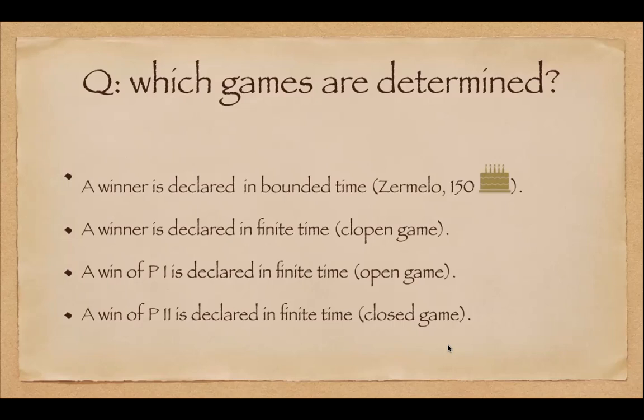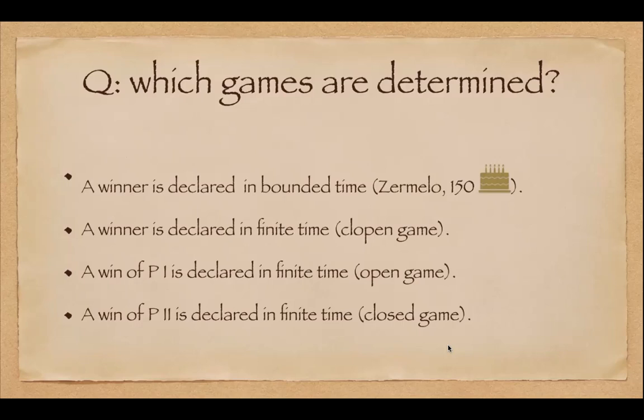And another class of determined games are games in which any win of player 1 can be identified after a finite number of steps. These games are called open games, and the equivalent thing for player 2, these games are called closed games.